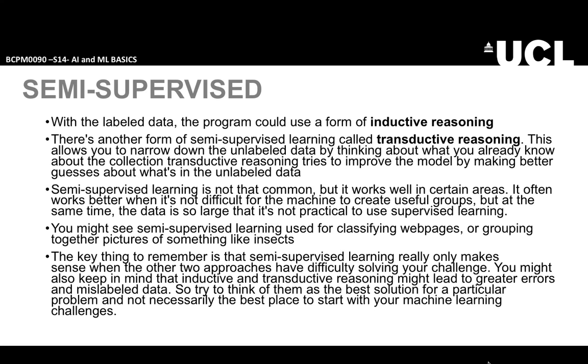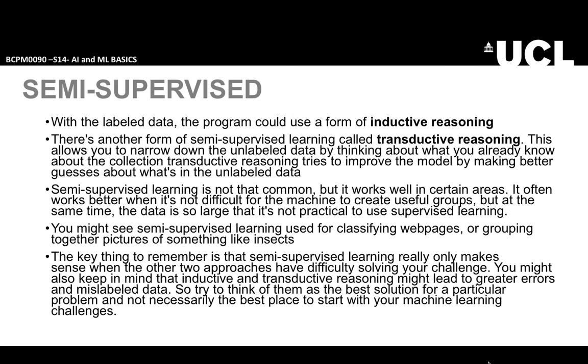But in semi-supervised learning, we have another type of learning called transductive reasoning. This allows you to narrow down the unlabeled data by thinking about what you already know about the collection. What this kind of reasoning does is improve the model by making better guesses about what's in the unlabeled data.